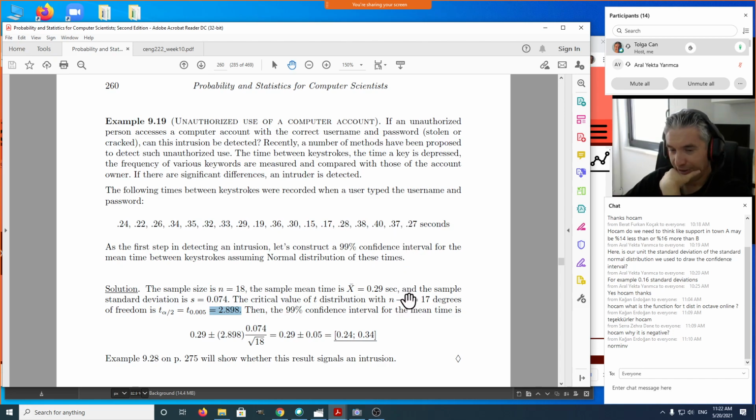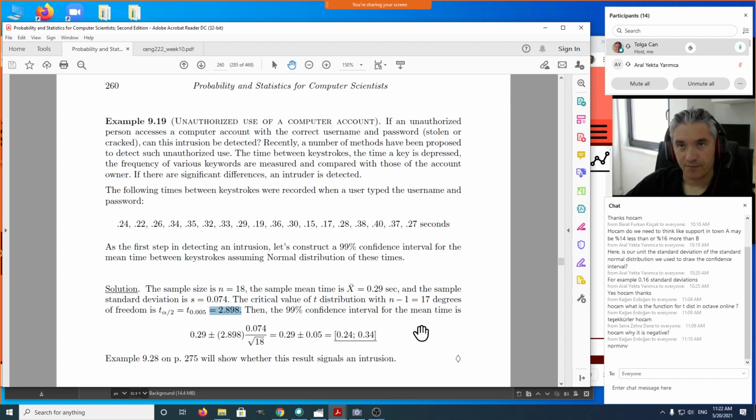Imagine this time we collect a different sample. This was the real user, and it averages between different things. Now imagine we don't know whether it belongs to that user or not, but we collect some interval times between keystrokes for somebody else, and we want to determine whether it's this user or another user.